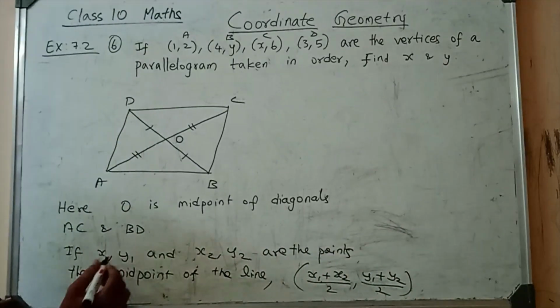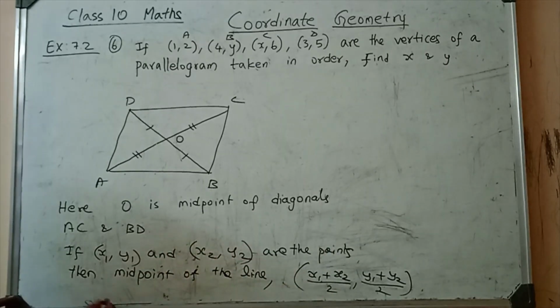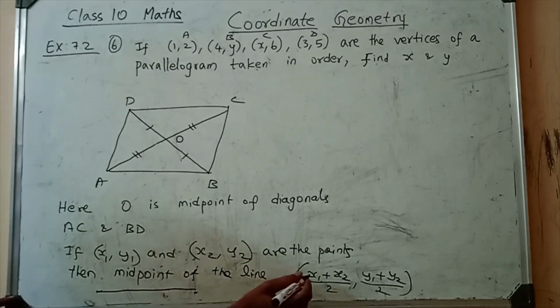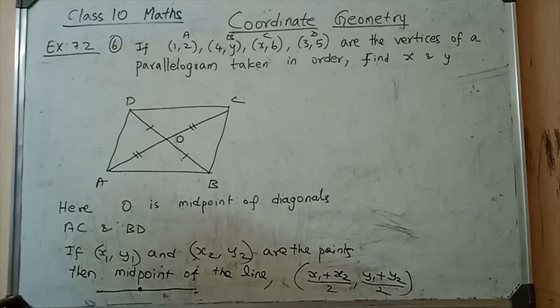Okay, if we consider these two are 2 points x1 comma y1 and x2 comma y2. Then the midpoint is this one only. Coordinates of midpoint only given x1 plus x2 by 2 comma y1 plus y2 by 2.